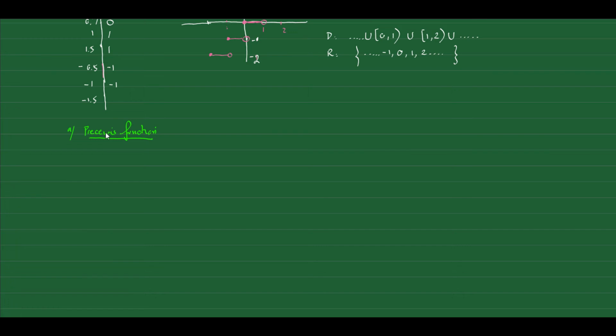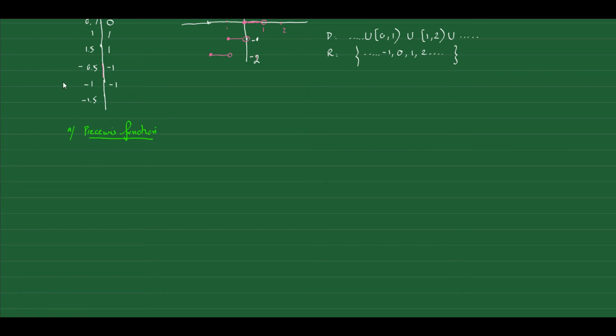It could be more than two, and the domain and range. The domain could be where the function is defined on a certain part of the number line.